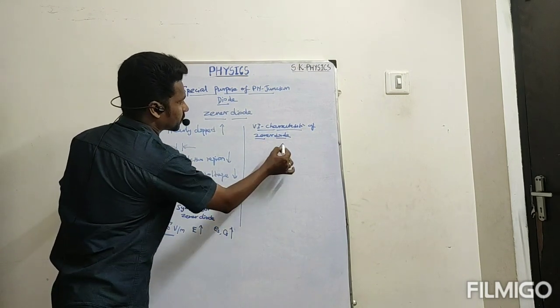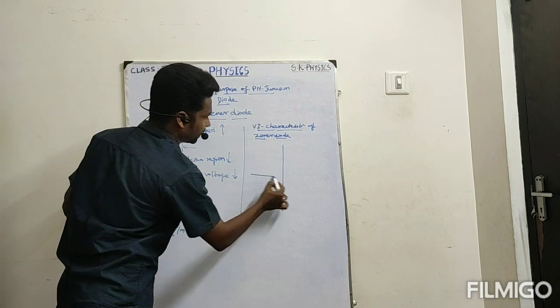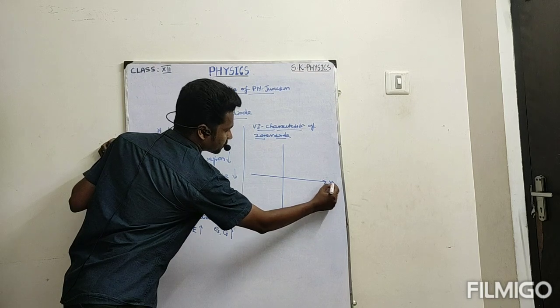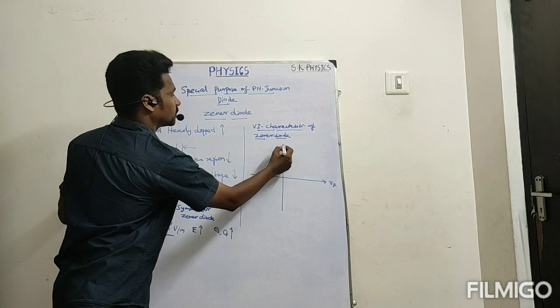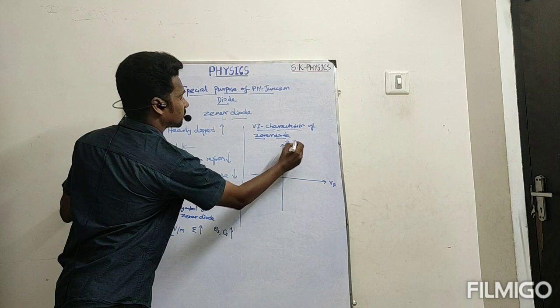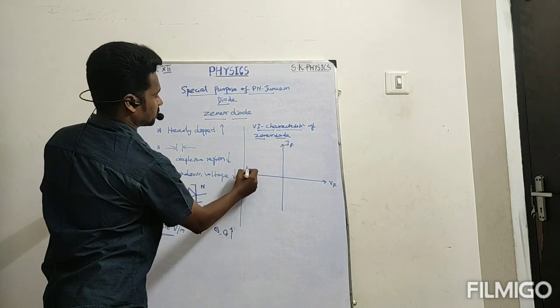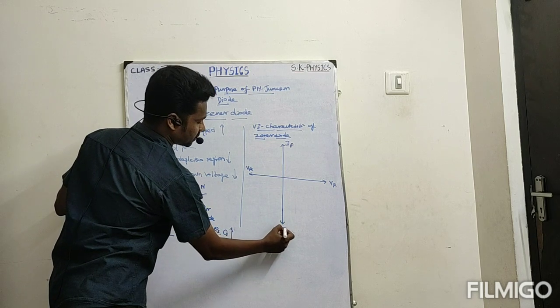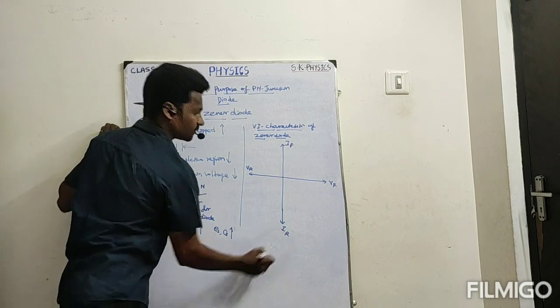Now we know the VI characteristics diagram generally. This is voltage for forward bias, here the current for forward bias, here voltage for reverse bias, and here the current for reverse bias.